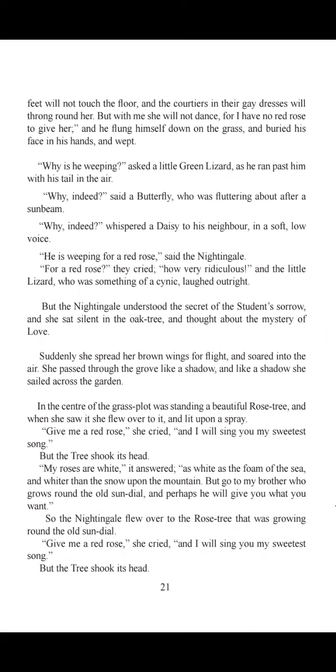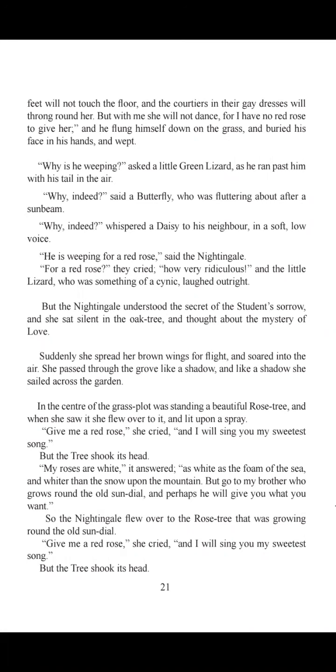So there is less time available now. The nightingale reacts very quickly instead of talking like the green lizard, the daisy, and the butterfly. She is trying to find a red rose for this boy and to end his sorrow. So she went very fast.